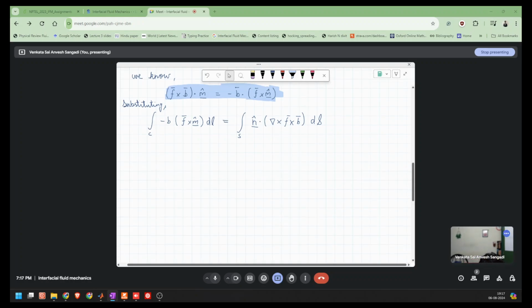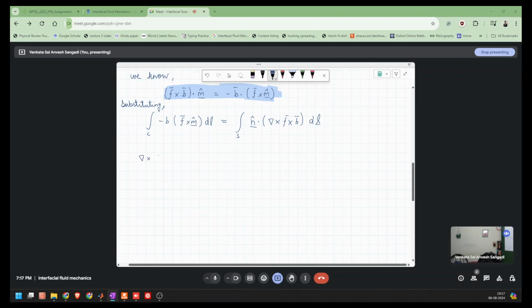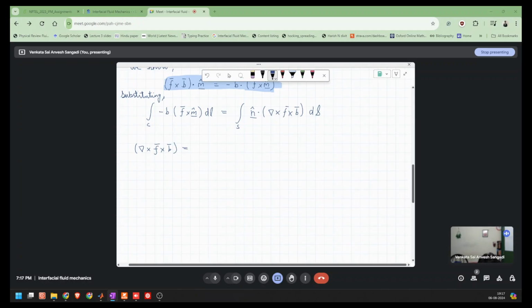Similarly, another expression for del cross f cross b is equal to f vector del dot b minus b vector del dot f plus b vector dot grad f minus f dot grad b.